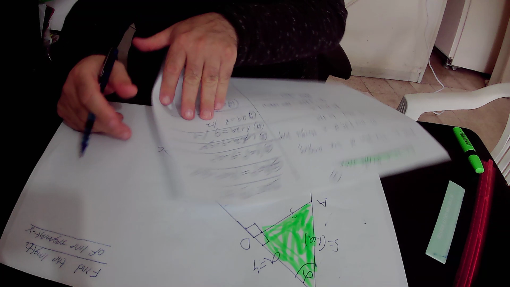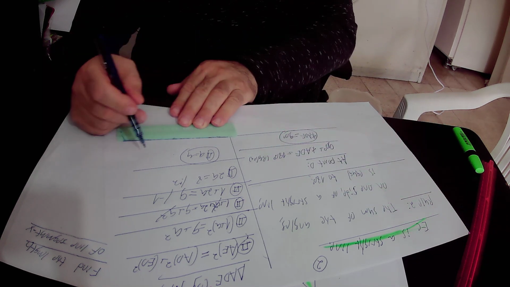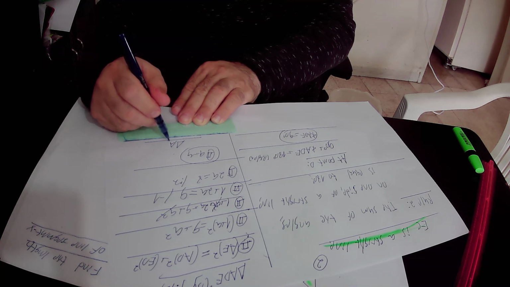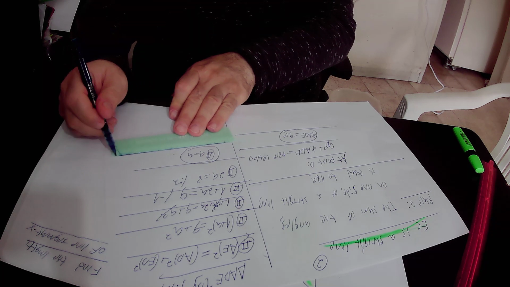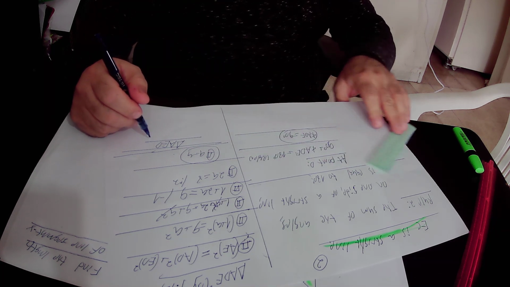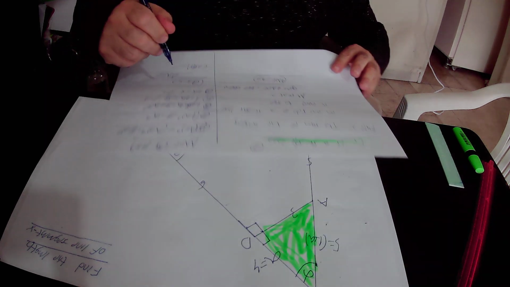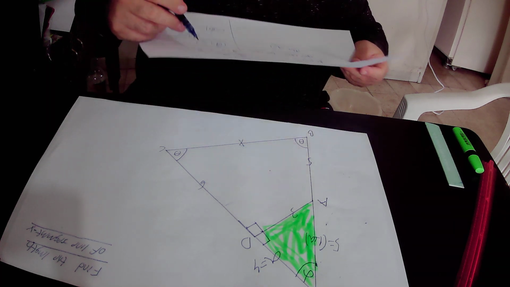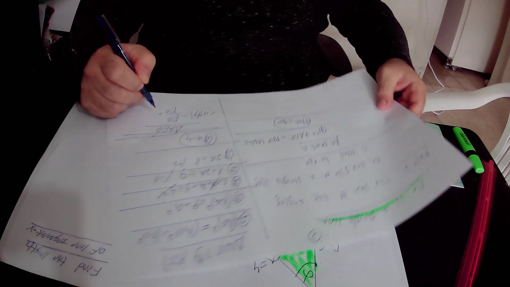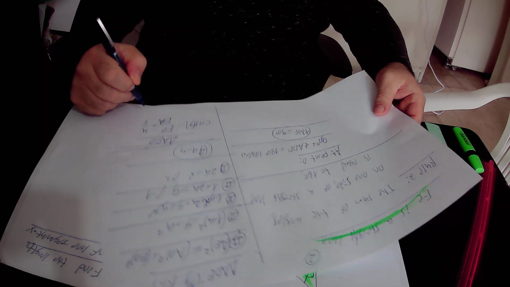On the right green triangle, triangle EAD, we know that cosine alpha equals ED over EA. So ED equals 4, EA equals 5.